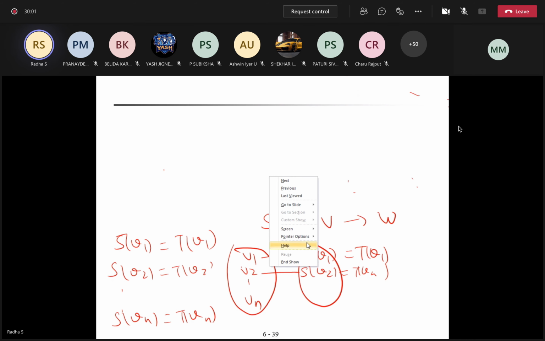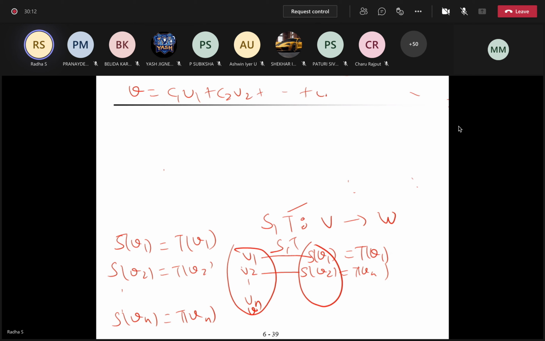Okay, one minute. I'll write. Suppose instead of V1, I am taking some other V here. Let V be equal to C1 V1 plus C2 V2 plus etc. plus Cn Vn. In the vector space, the basis will be there, and other than the basis, random elements will also be there. So I'm taking a random element V, and I'm writing that as a linear combination of basis elements.